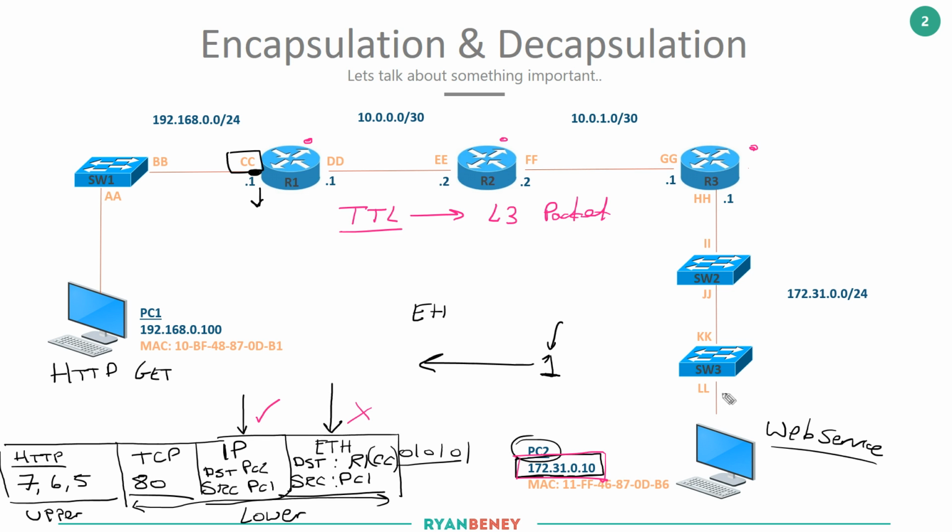Now switch 2 and switch 3 will not decrement the TTL value because these are layer 2 devices and the TTL value is part of layer 3. Now, because we have this TTL value that's able to get decremented, it allows us to track how many hops a particular packet has actually gone through.